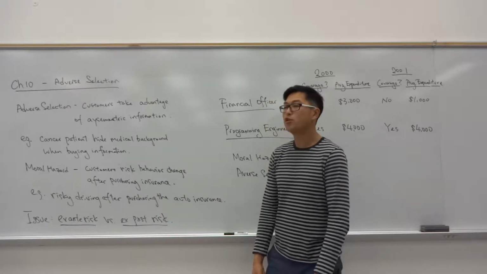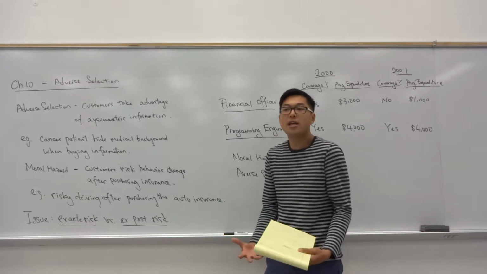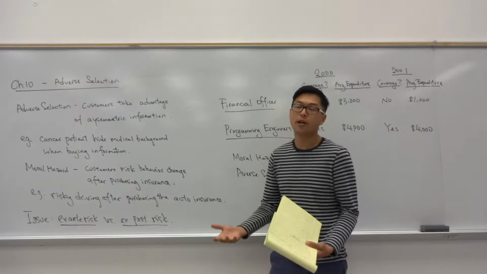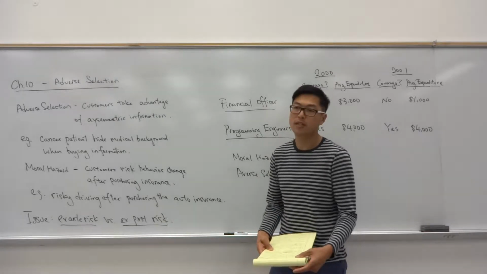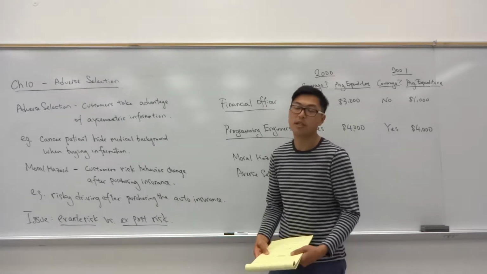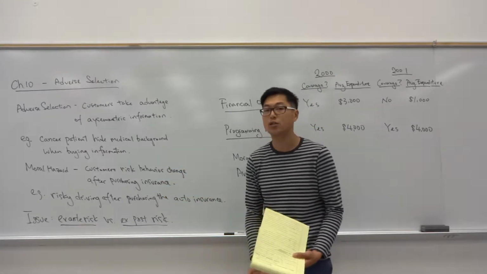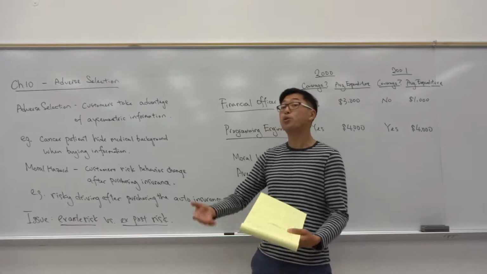When the insurance company doesn't have any method or way to figure out the risks involved with this individual customer, obviously they will basically just ask, okay, you're buying this insurance for cancer treatments, do you have cancer?